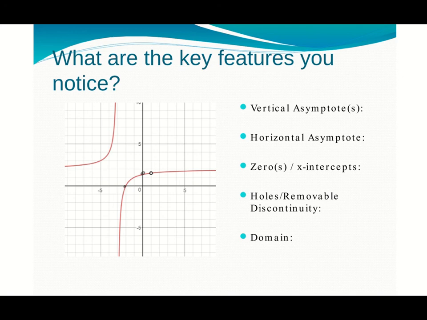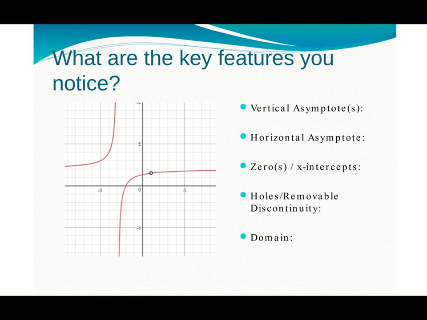So that means the graph does not exist there. And then we're going to take a look at the domain as well. So the key features we're looking for on each of our graphs are vertical asymptotes, horizontal asymptotes, zeros or x-intercepts, holes, and the domain. So first thing we want to take a look at is vertical asymptotes.